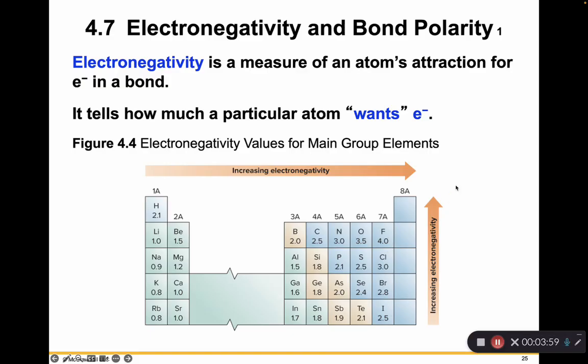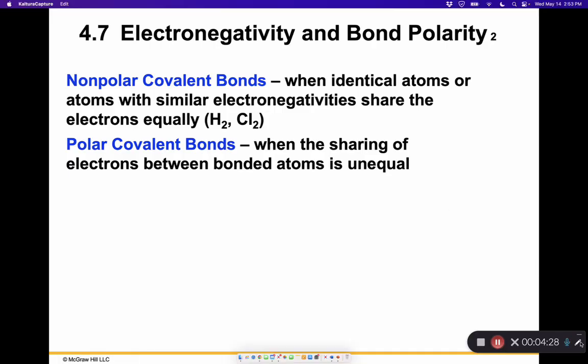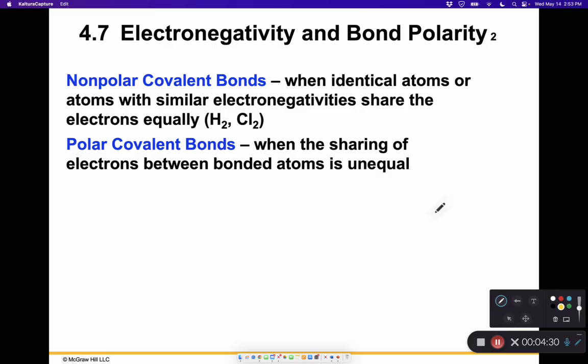So now let's use the electronegativity values to talk about the bonds. Whenever two atoms are identical, or have similar electronegativity values, they will share the electrons equally. No one is more possessive than the other, right?